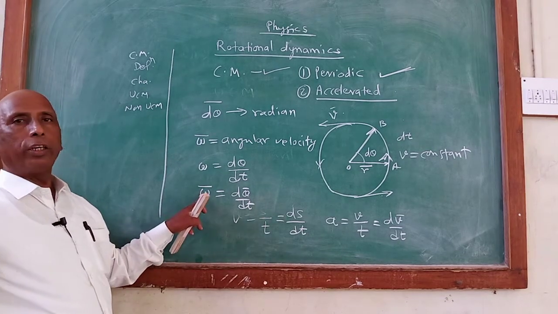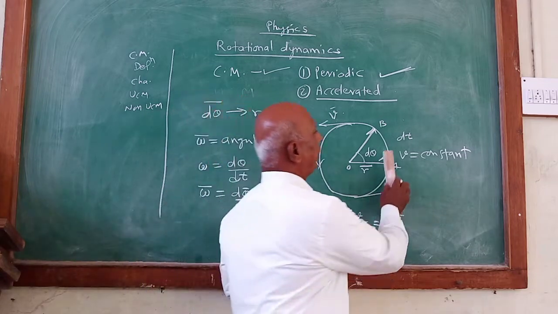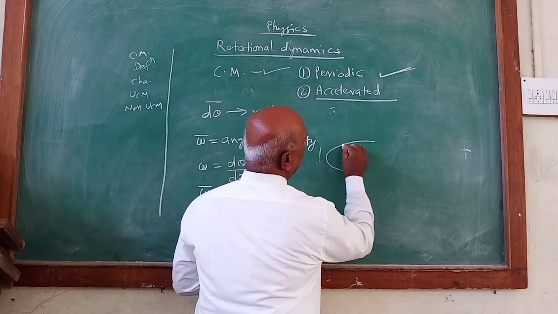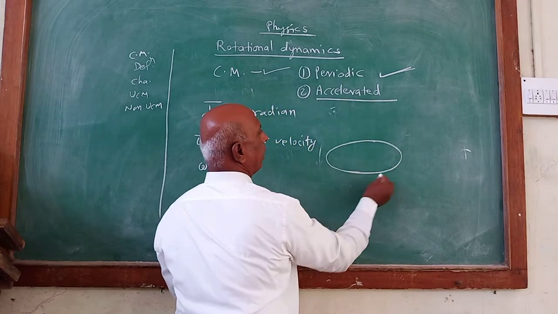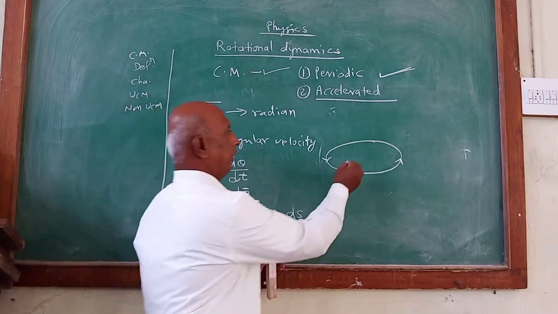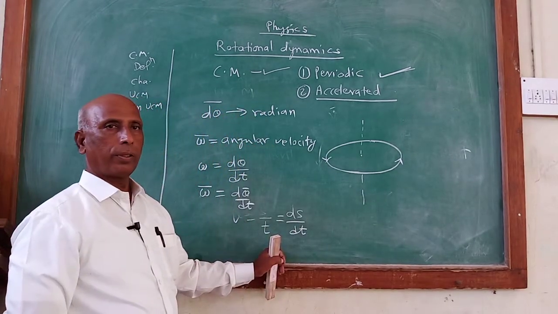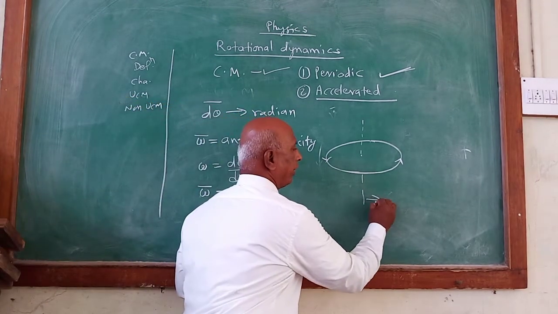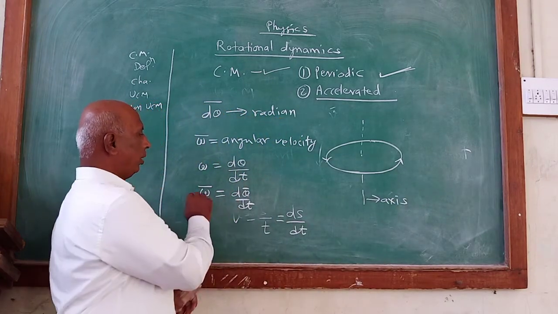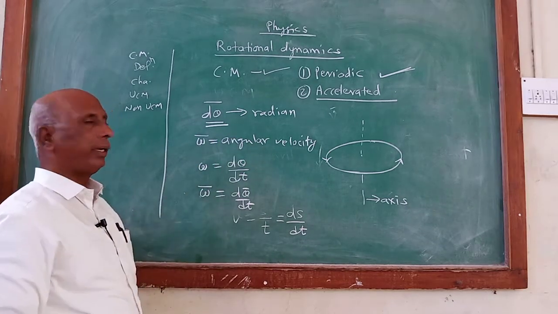Now, as it is a vector quantity, we can find its direction by using the right hand rule. Suppose that this is the circular path of the particle moving in anticlockwise direction. This is the axis of rotation. To find the direction of this angular velocity or angular displacement, we can use the right hand rule.